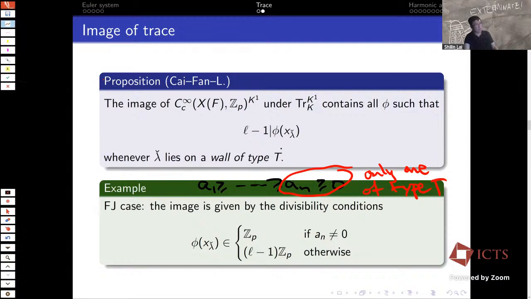So as a consequence, we only need divisibility if AN is equal to 0. It doesn't matter if two of the other roots are equal, unless AN also happens to equal 0.